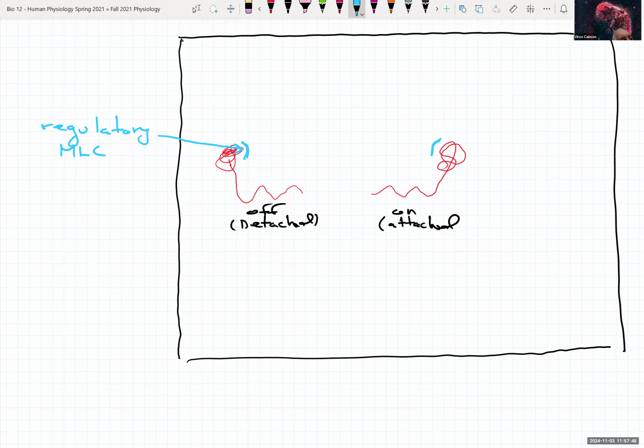And you need to know that it's the phosphorylation or the dephosphorylation of the regulatory myosin light chain that determines whether the myosin molecule is turned on or off. In the on state, it's going to be producing force or tension. In the off state, it will not be producing force or tension.